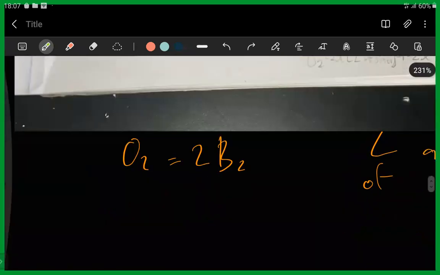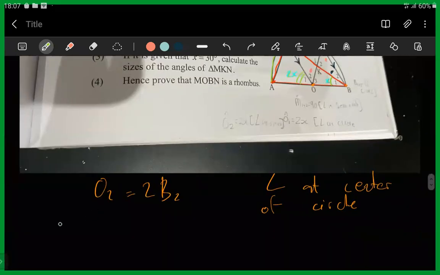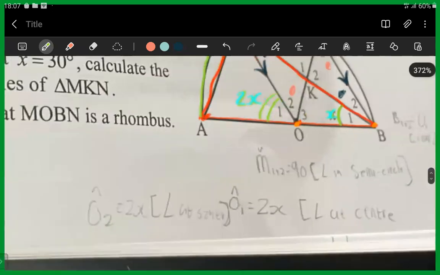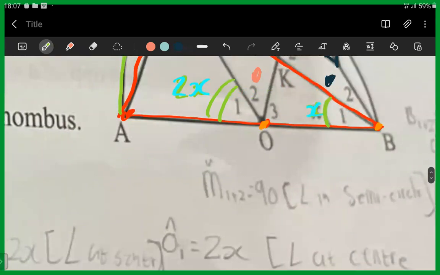Here O1 is equal to the whole of B. And what's our reason? Corresponding angles. So now we know that O1 is equal to 2x, but we haven't told them we know that. So we have to tell them that O1 is equal to 2x so that it can be useful to us.